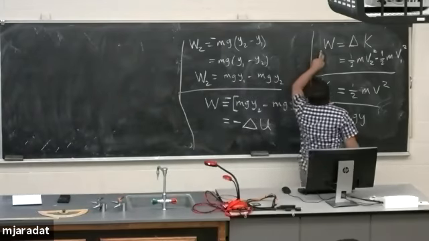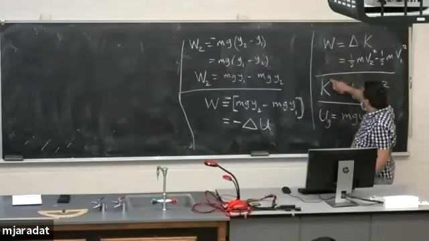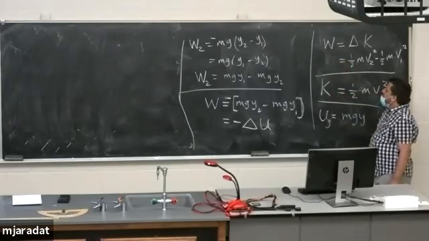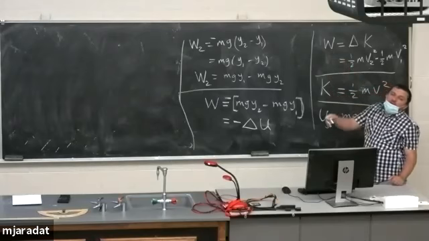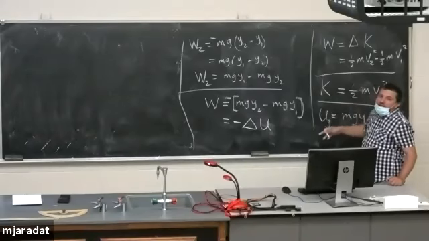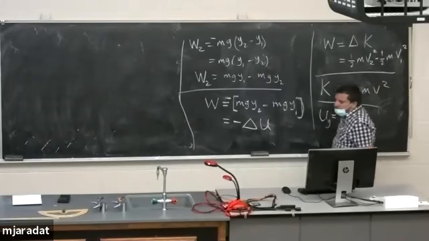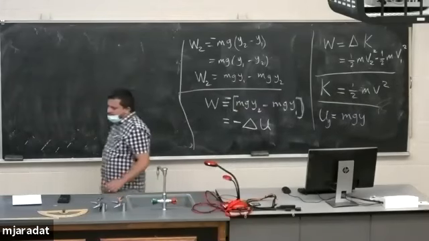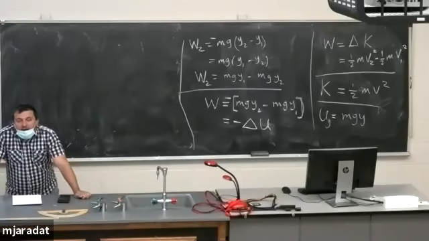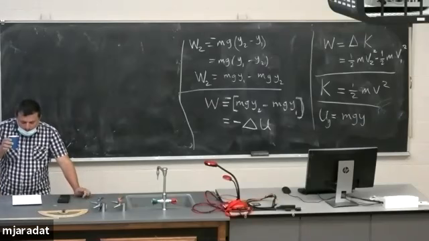The first one is the kinetic energy, and we will see what this energy is, and the potential energy. Then when we deal with rotational motion, we have a rotational kinetic energy and potential energy. But all of them are energies that have units of joule. Okay.